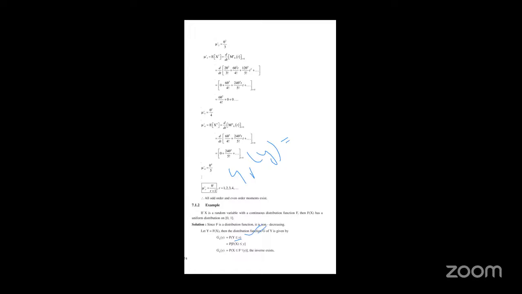Y can be written as F of x. So G of y is equal to P of x less than or equal to F inverse of y. This is the inverse.